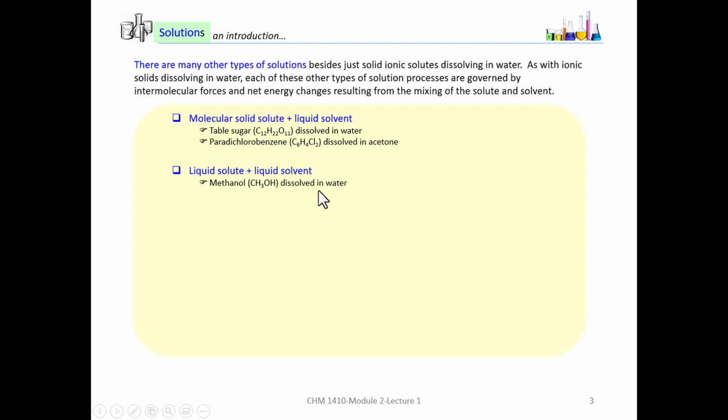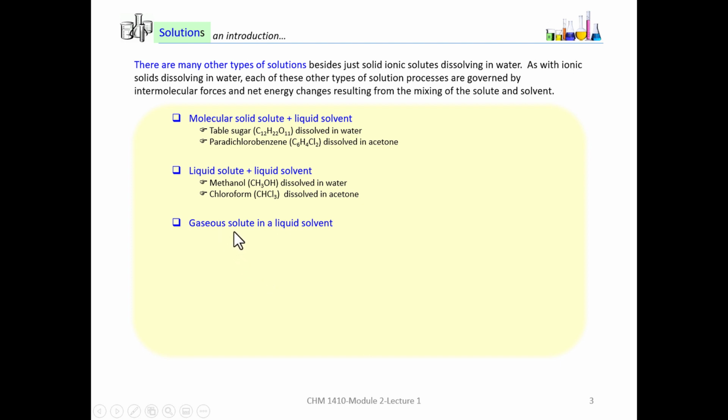Liquid solute, liquid solvent. Chloroform, which is not soluble in water, does dissolve in the organic solvent acetone. And just as an aside, we're going to find out that when we have a liquid solute and a liquid solvent and they dissolve in each other, we say they're miscible. That word will come up again.